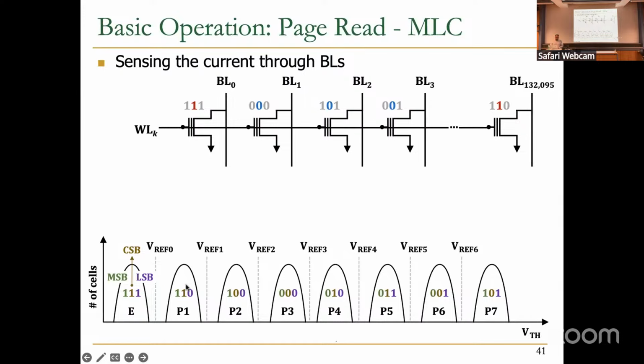But for example, from this window P1 to P2, we are seeing some toggling. So VREF1 is important for me. Again, VREF3 is also important because from 0 we go to 1, and then VREF5 because from 1 we go to 0. Okay, so these are 3 reference voltages that are important for this encoding scheme. There might be many different encoding schemes also, but for this specific encoding scheme, when you want to read CSP, you need to apply VREF1, VREF3, and VREF5.